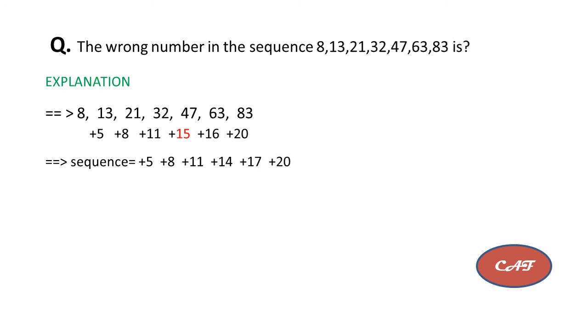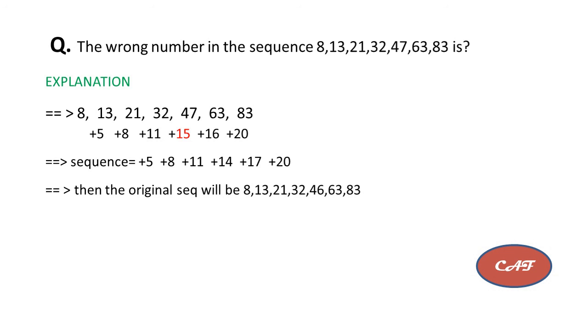47 is the wrong one. If you follow the sequence, plus 5, plus 8, plus 11, after that plus 14 will come, after that plus 17 will come, after that plus 20 will come. So if you add as per the sequence I wrote, plus 5, plus 8, plus 11, like that, you will get the correct sequence as 8, 13, 21, 32, 46, 63 and 83.